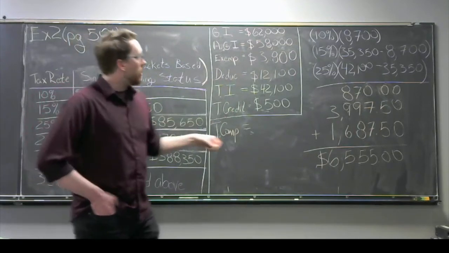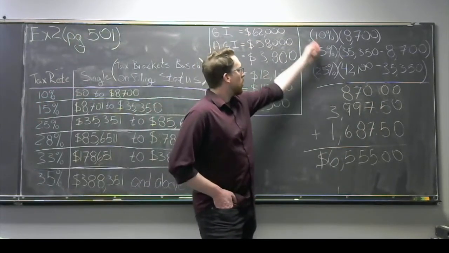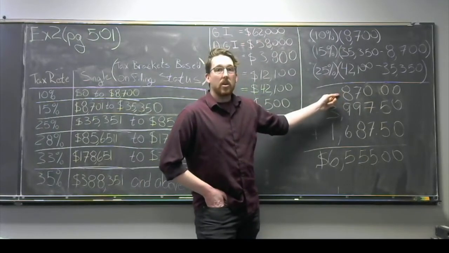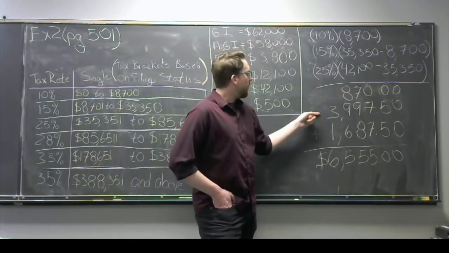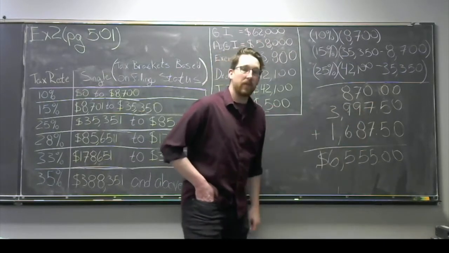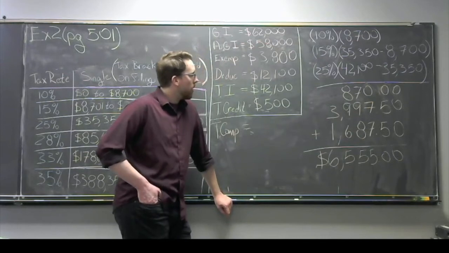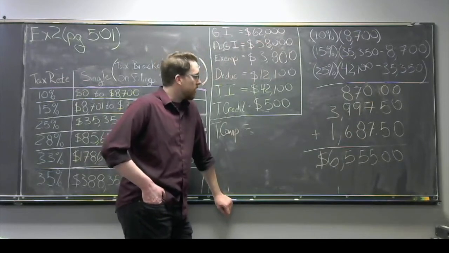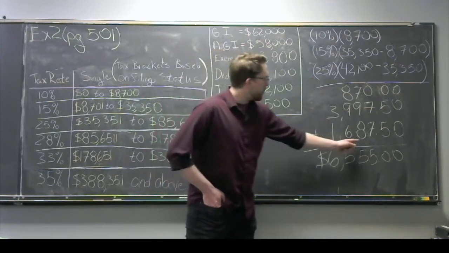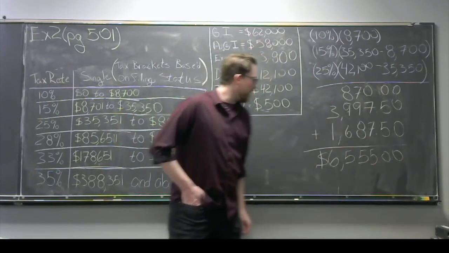When we do the calculations, at 10%, that comes out to be $870. At 15%, that bracket came out to be $3,997.50. At 25%, that amount here came out to be $1,687.50.